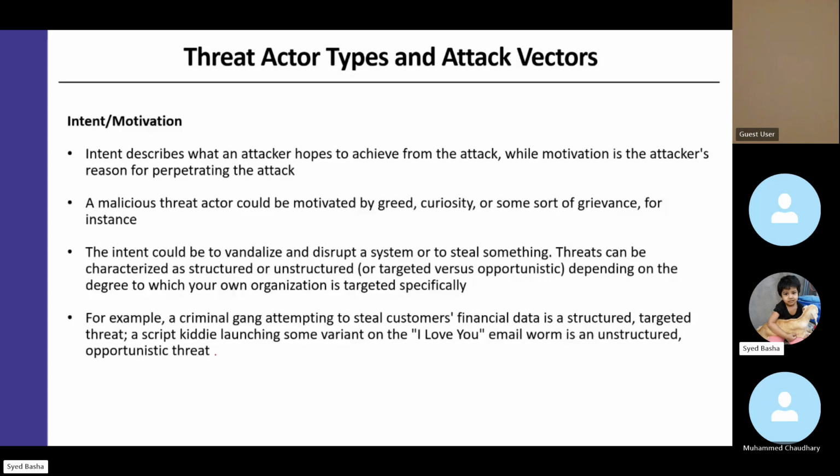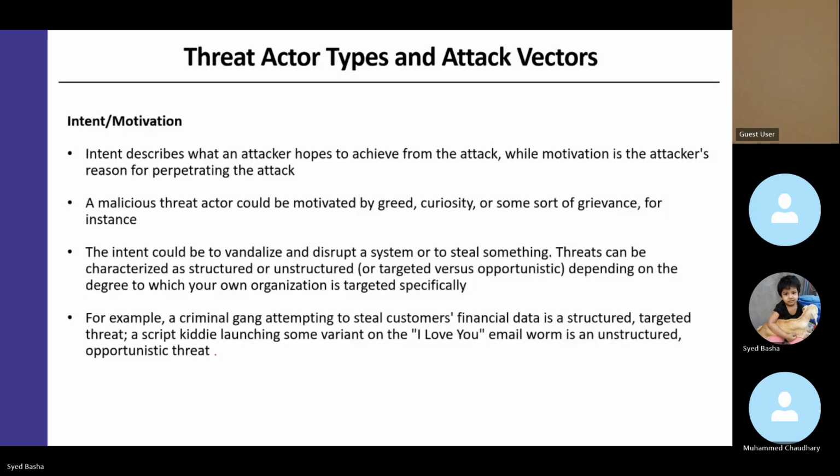In some cases the intention could be vandalizing or deleting all the data after stealing it. It's up to the attacker's perspective, so we need to find out what their motive or intention is.